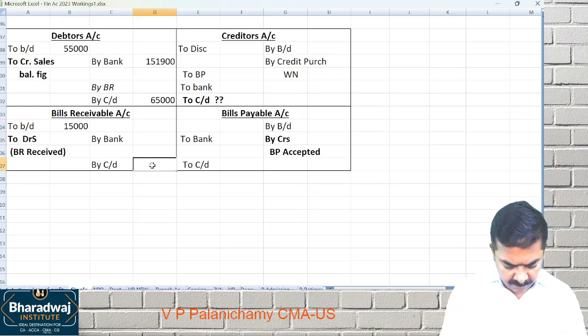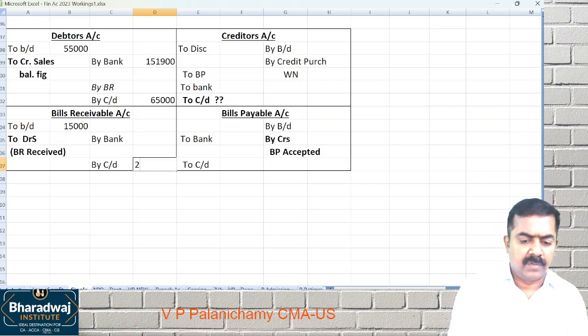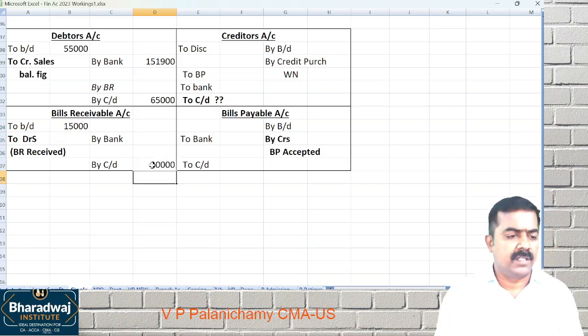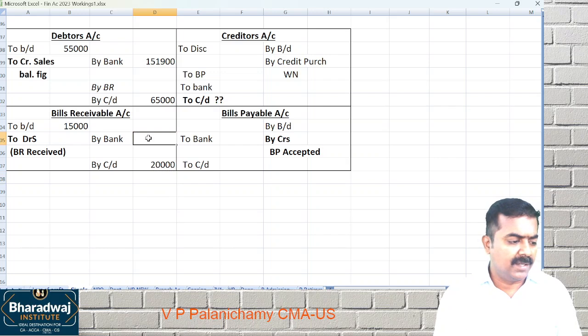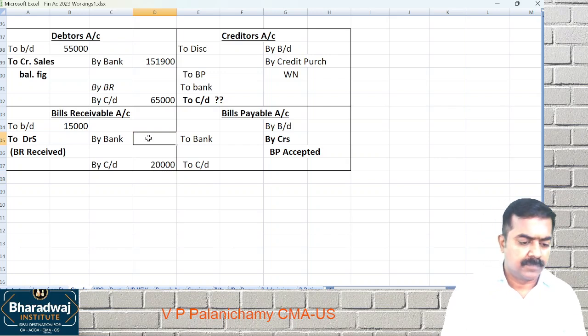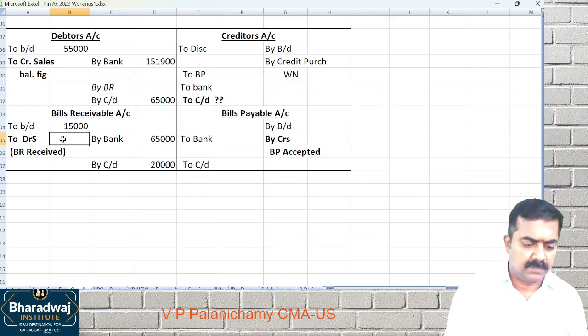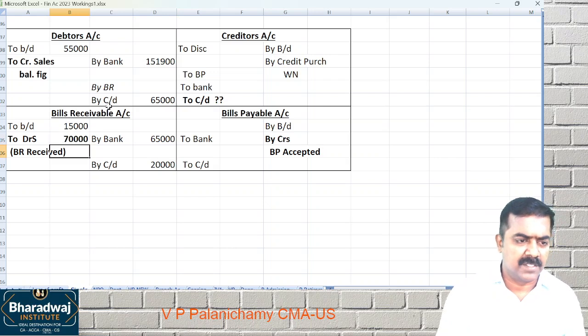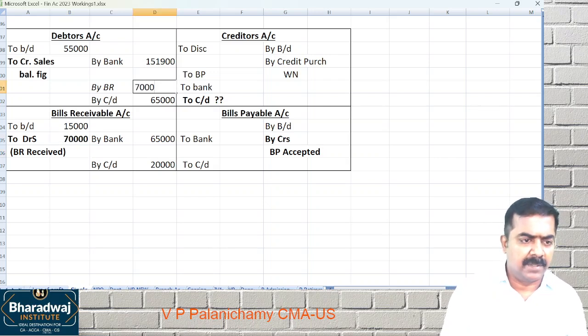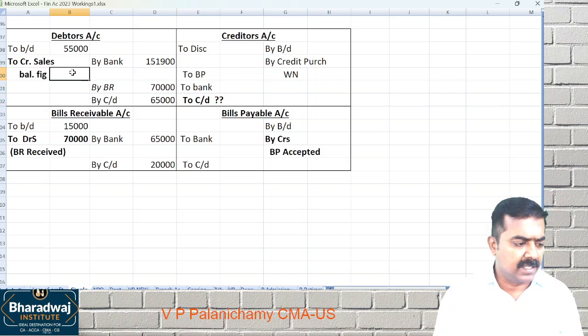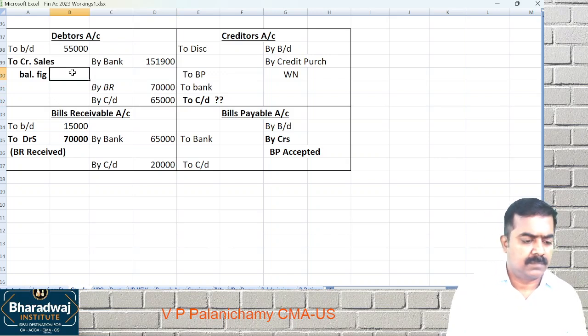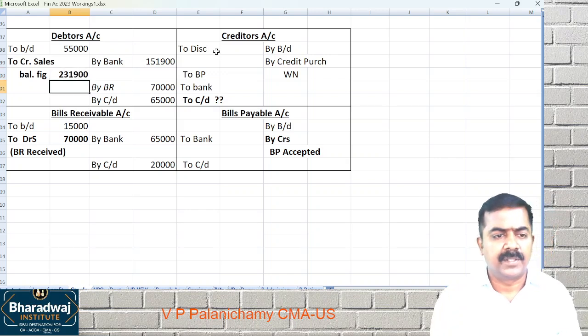Closing balance given 20,000. What is the bills receivable collected given in the question? 65,000 given. As a balancing figure, bills accepted by debtors you will get. Simple question, not big. When you tally, you will get which one? Credit sales as a balancing figure. 231,900.